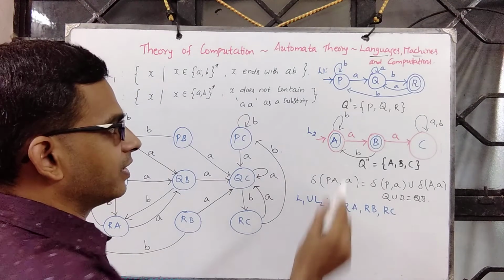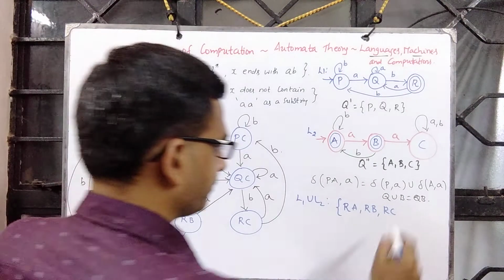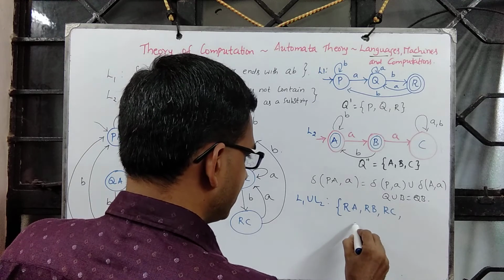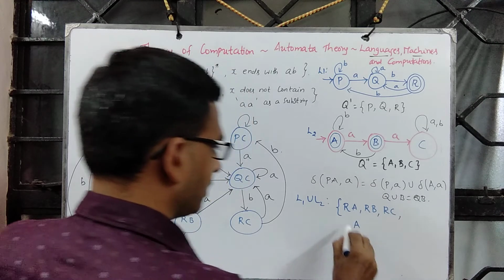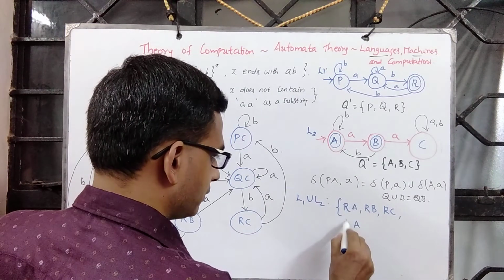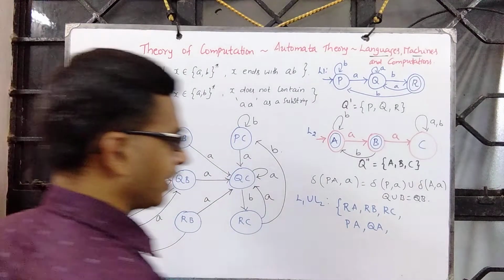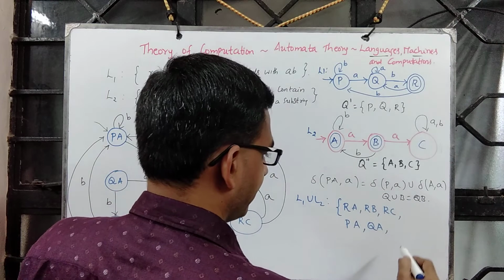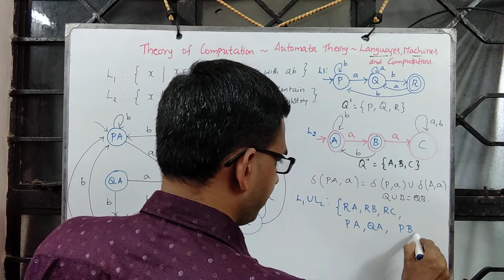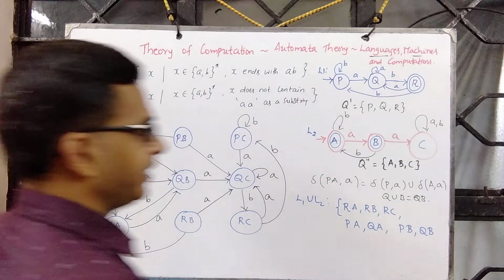It is R, accepted by this or accepted by this. This one is also a final state, right? So keeping this, the first entry could be anything. So R is taken care of. So it could be P, it could be Q. Or the final state could be B, which means the first state could be PB or QB, and RB is already taken care of.